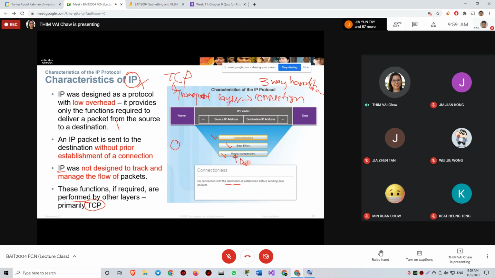It is the data link layer. The data link layer is the one that thinks about how to do media access. That's why certain functions are performed by other layers. That's why your IP protocol has this kind of characteristic.